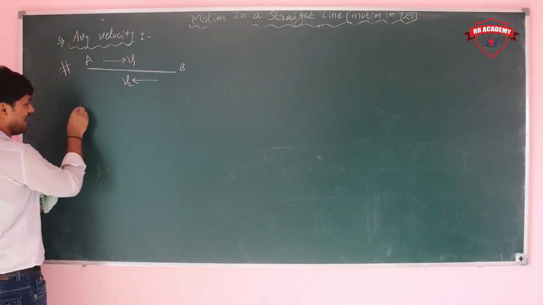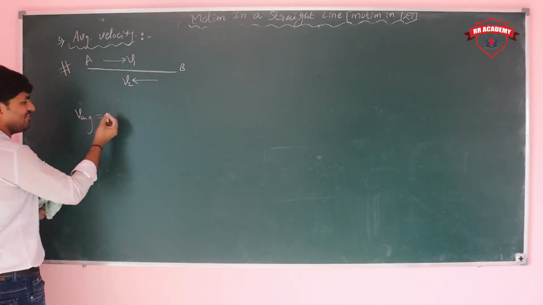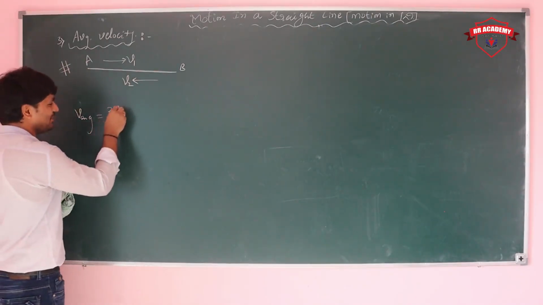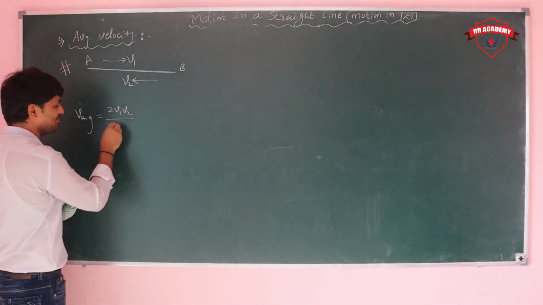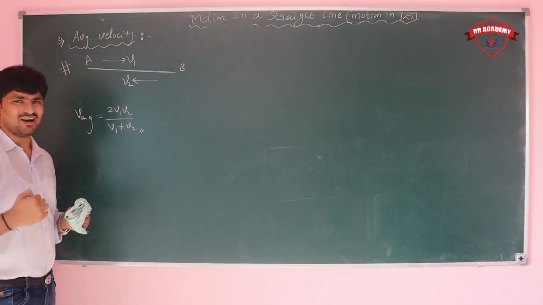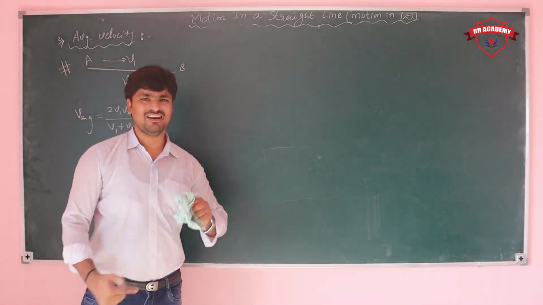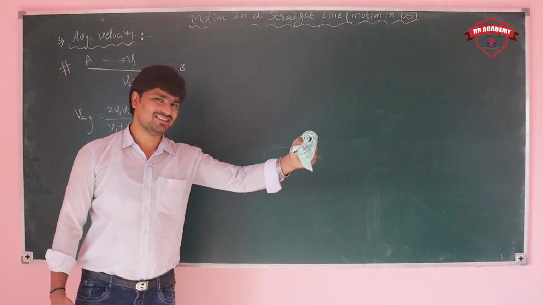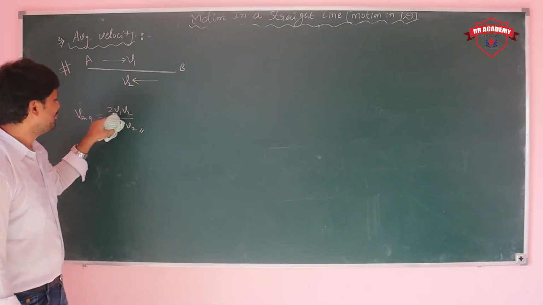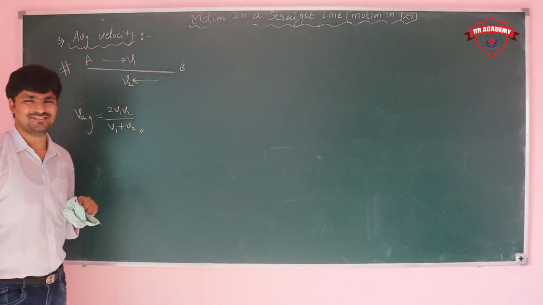Please remember that when S1 is equal to S2, or D1 is equal to D2, of equal distance, the average speed is 2v1v2 by v1 plus v2. So here the average speed is equal to 2v1v2 by v1 plus v2.